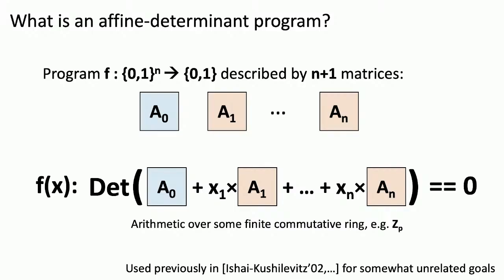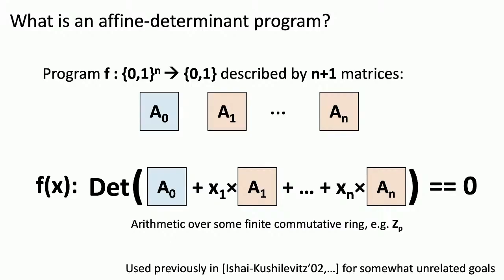So you're always going to include A0, and then you include A1 if x1 is 1, otherwise you exclude it, and so forth. So you take this linear combination of your matrices as a function of your input, compute this matrix, take the determinant, and then ask whether it's 0. And we'll do the arithmetic over some finite domain, just to make things make sense.